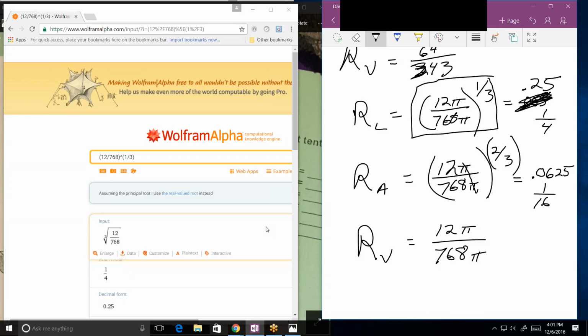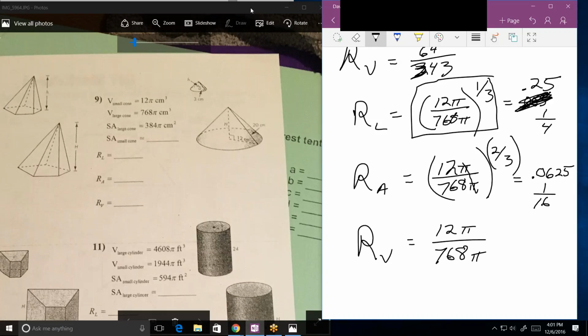Okay. Now, in this particular problem, give me the final step. What's the ratio? So it'd be 1/16. Equals. It's 1 is to 16 equals what?